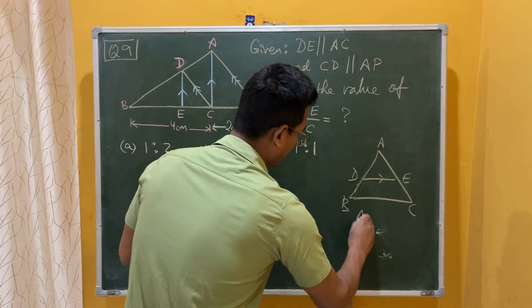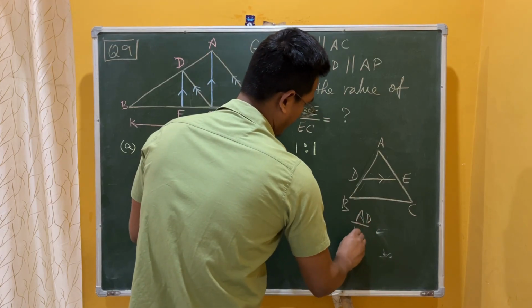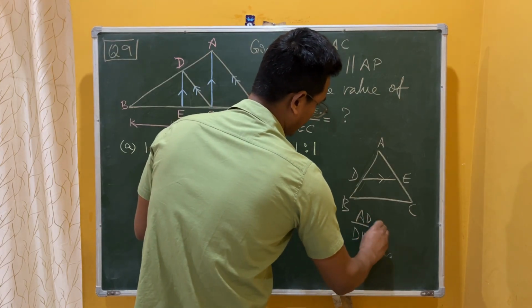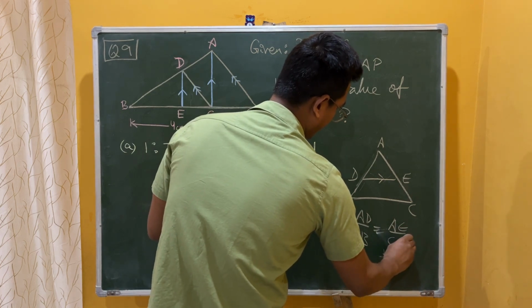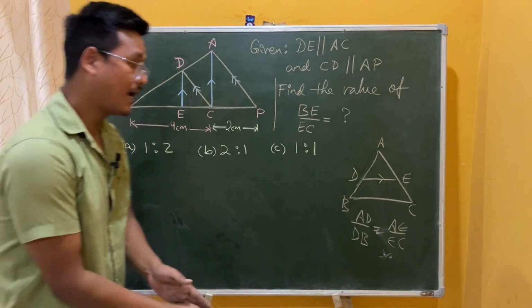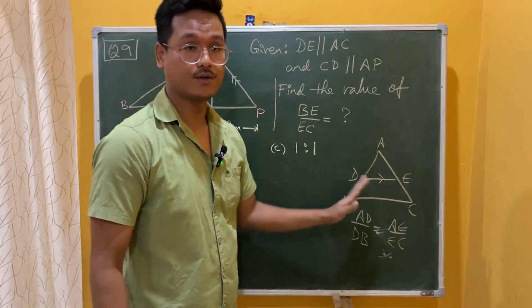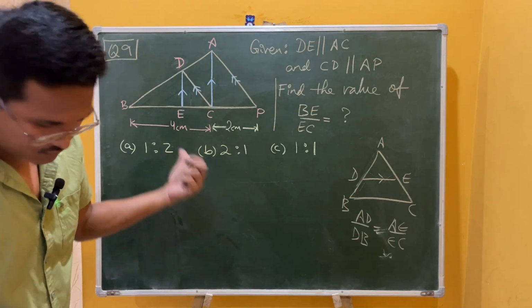Means AD by DB equals AE upon EC. Means the line will divide the two sides in proportion, right? So using this idea, we will solve the question.